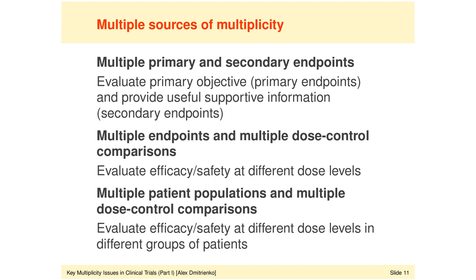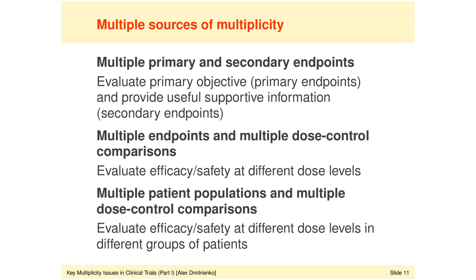Now, to give a few examples of the advanced multiplicity problems that will be discussed in the follow-up course, Part 2, clinical trials with multiple sources of multiplicity are becoming increasingly common in Phase 3 development. Sponsors include more objectives in Phase 3 trial protocols to enrich product labels, to provide more relevant information to physicians, patients, and to other parties. For example, it is quite common to see confirmatory trials with multiple primary and secondary endpoints.